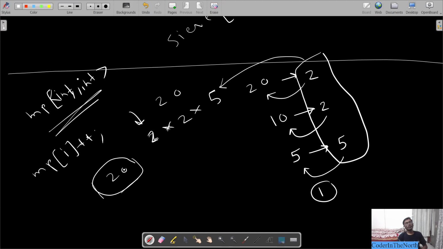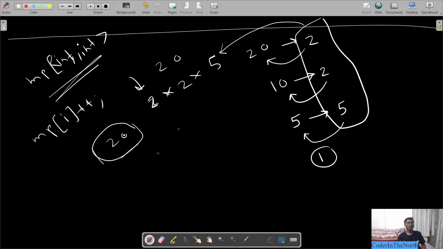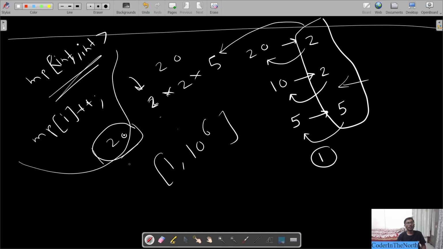When we have to do this for so many numbers, then we can use this approach. If we have to do it with one number, we can do this thing. But if we have to do it with so many numbers, like from 1 to 10 raised to 6, we can't do this type of operation on every number.